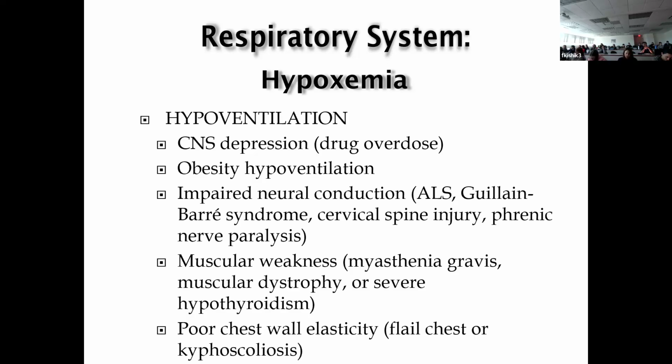Anyway, obesity hypoventilation is called OHS, obesity hypoventilation syndrome, and these are big Pickwickian people or big fat guys that don't actually have good expansion of their lungs. It's back to the accordion scenario. You don't have good expansion because they have this big belly in the way and they can't breathe well.